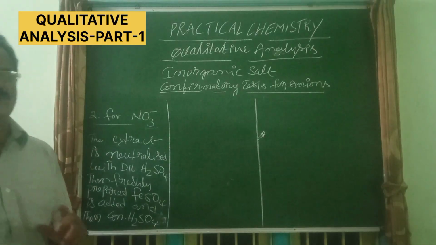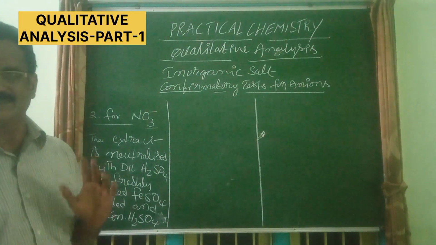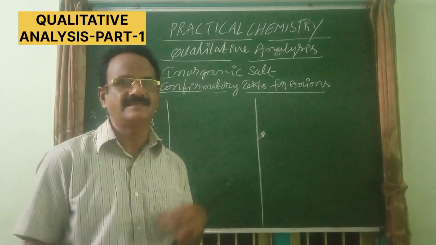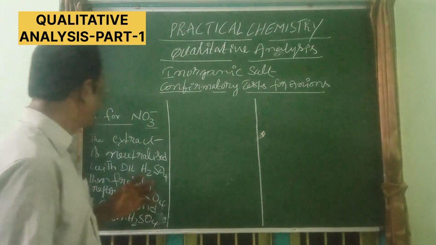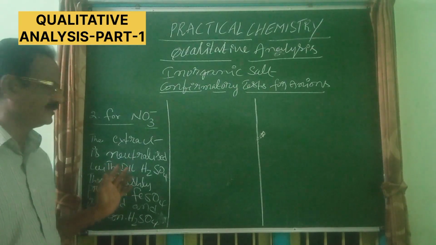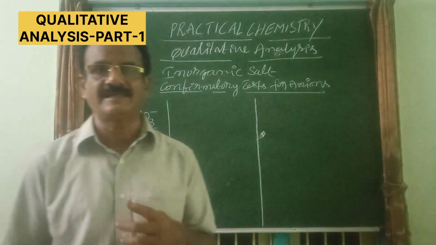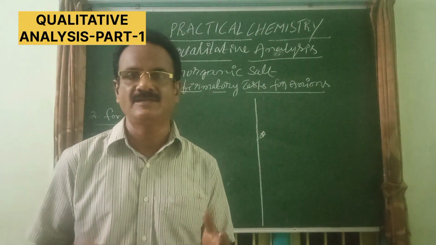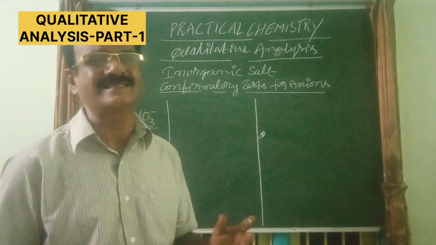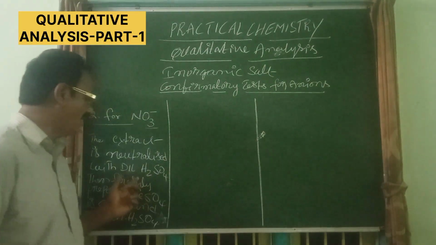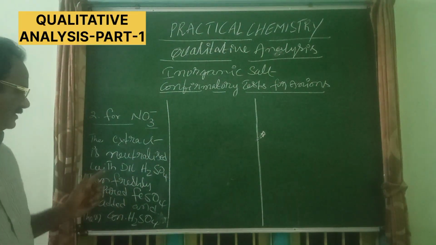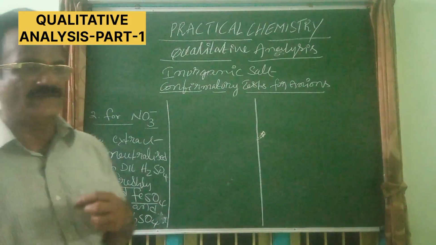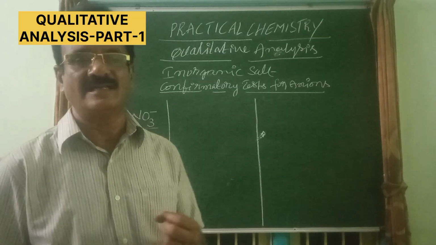So this is the most important test in inorganic chemistry. The skill of an analyst can sometimes be gauged by this experiment. Here the extract is neutralized with dilute H2SO4. I explained for Cl minus and Br minus what neutralization means and how you can identify that it is completed. After neutralizing the extract, add freshly prepared ferrous sulfate. Freshly prepared means the Fe2 plus ion is most unstable.